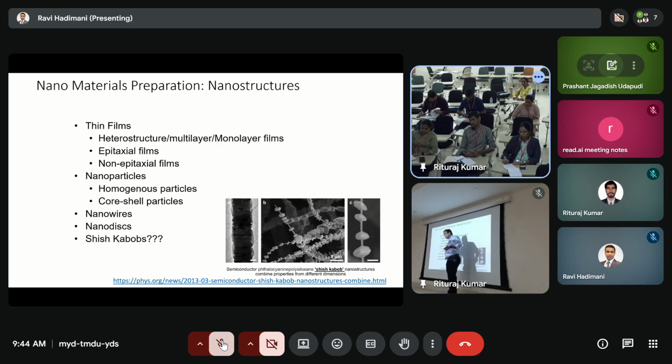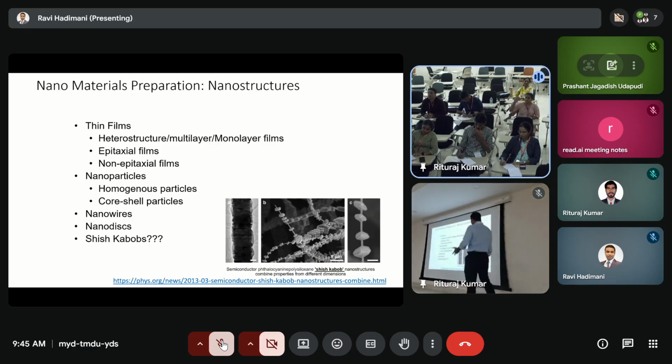This is my favorite. There are shish kebabs. This is apparently a shish kebab nanostructure. And there's a real paper on that one.